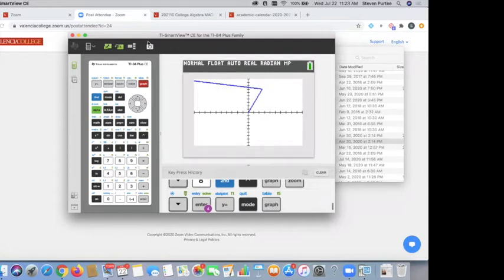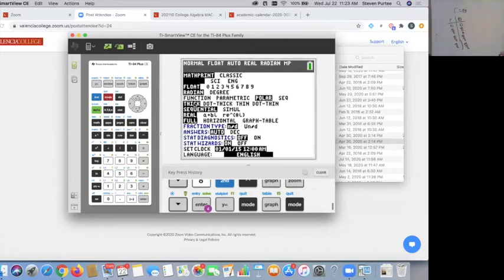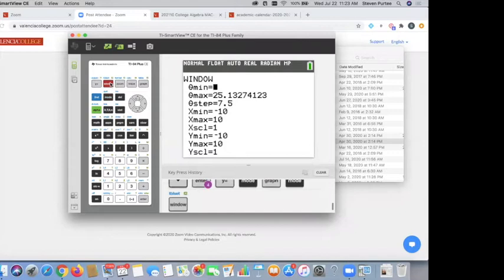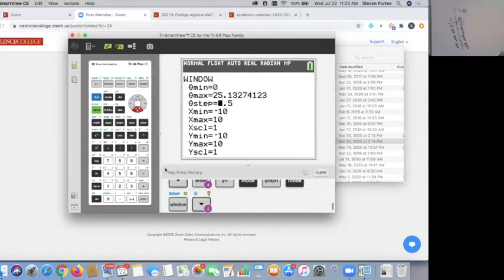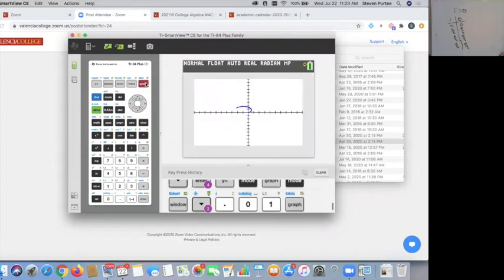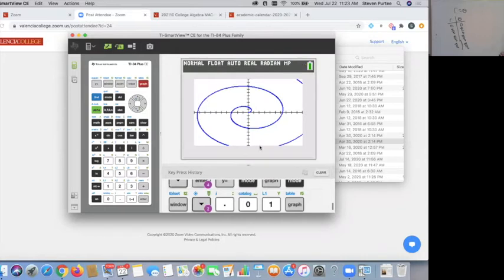I just put it in radian mode. Oh, my step. I don't know why my step was so big. Okay, there it goes. So we get a spiral that's going around.